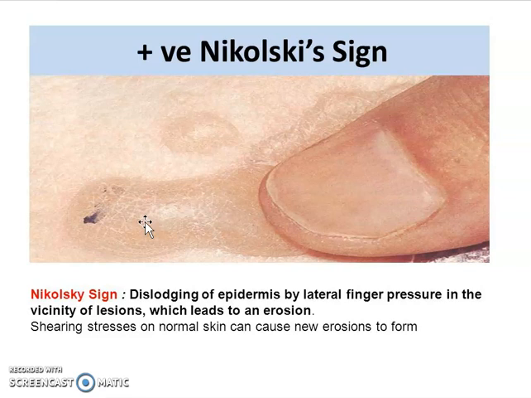So this act will create another blister or another vesicle, if you like, and this stress may shear or separate the epithelium from the base. Of course it causes pain to the patients, and it is actually unethical to perform this.